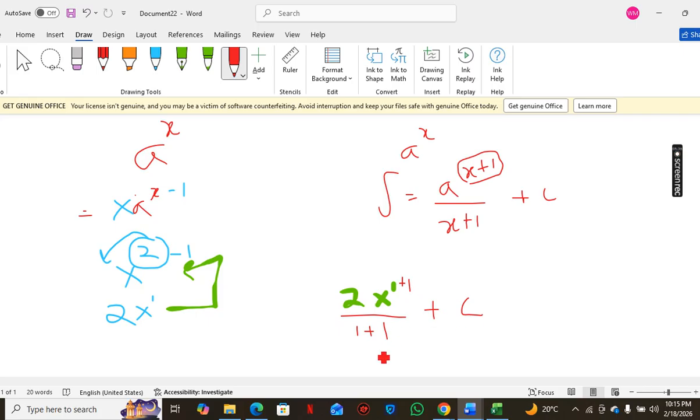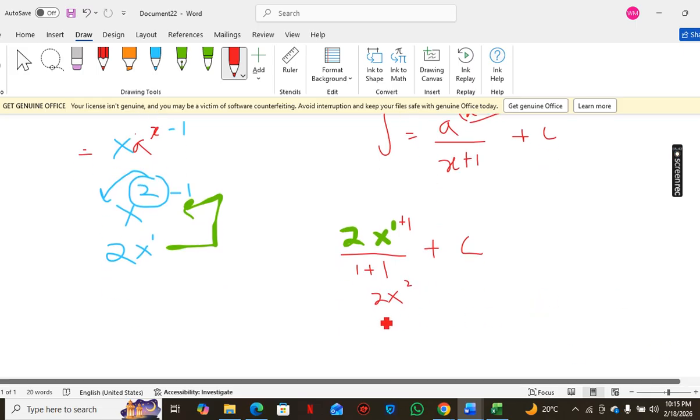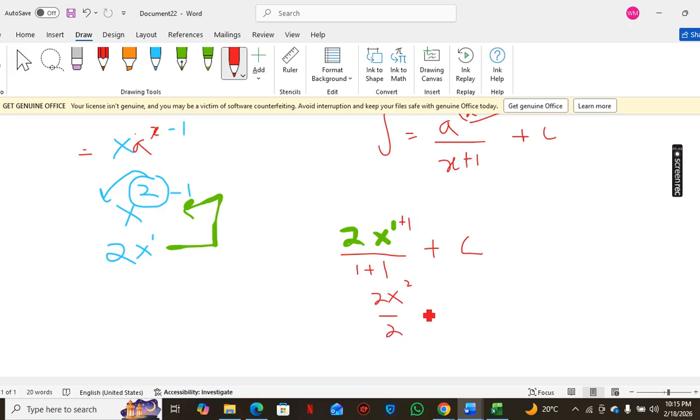That gives 2x squared over 2, because 1 plus 1 is 2. We cancel out the 2's and we get x squared, plus c. What we started with, x squared, we are back to. So differentiation moves forward, then integration moves backward. Any questions so far?